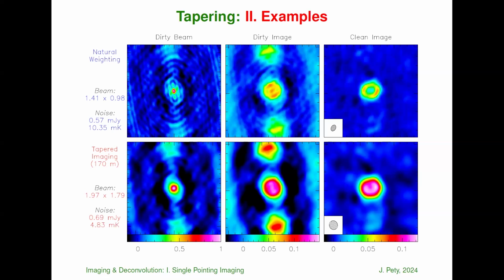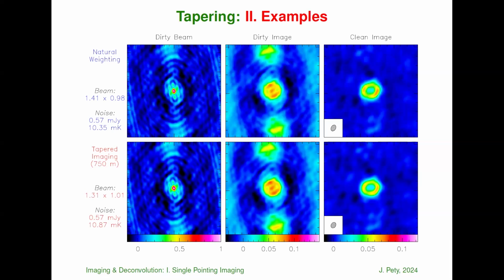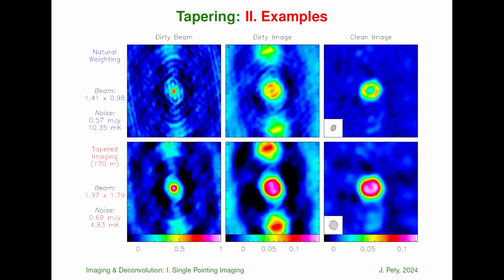Okay, but the extended source sensitivity will improve. 10 milli-K, 9 milli-K, 4 milli-K. Why is this? This is clear, because when you're smoothing an image, you will get higher signal-to-noise ratio for structures that are medium scale. Okay, you will increase the sensitivity to medium scale structures. Okay, and that's what happens here.